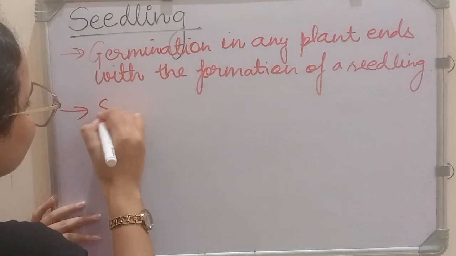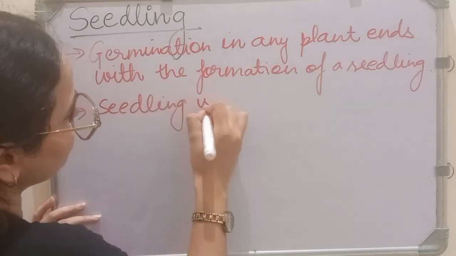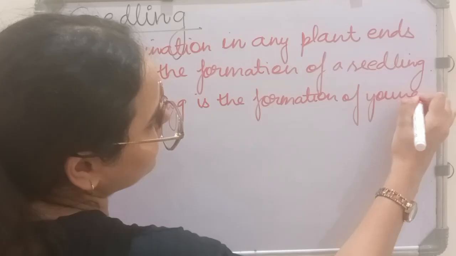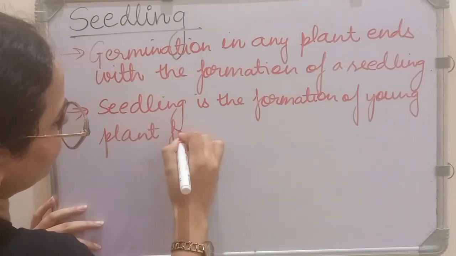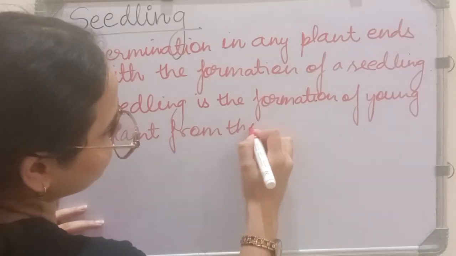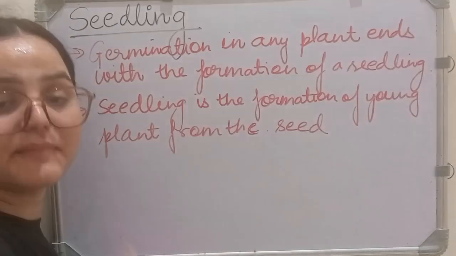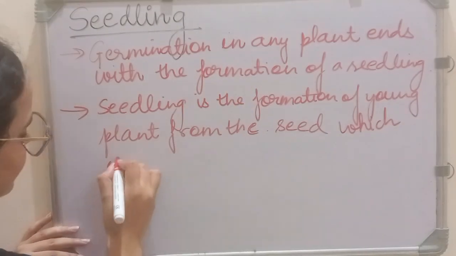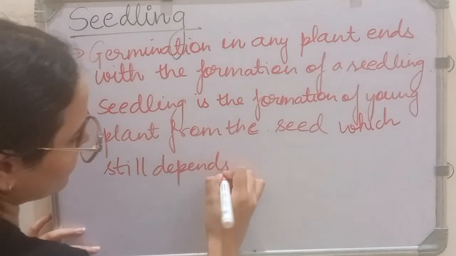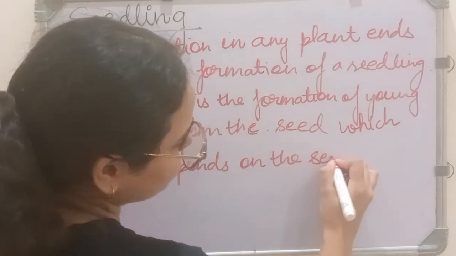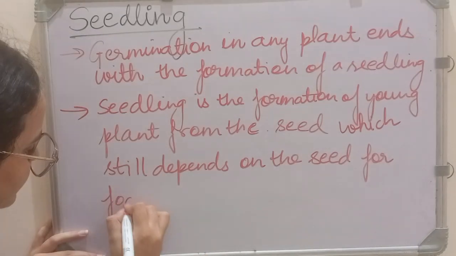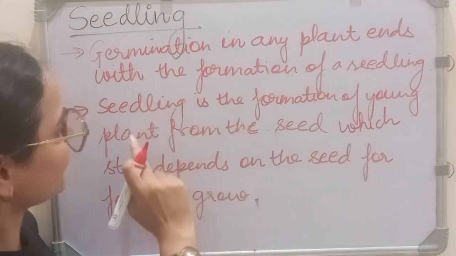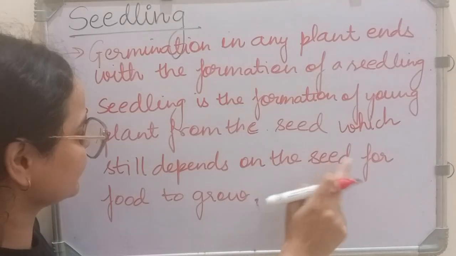So let's write it down. Seedling is the formation of a young plant from the seed, which still depends on the seed for food to grow.